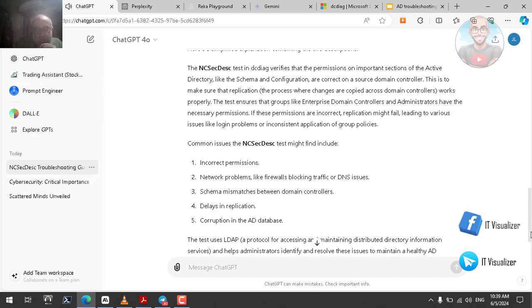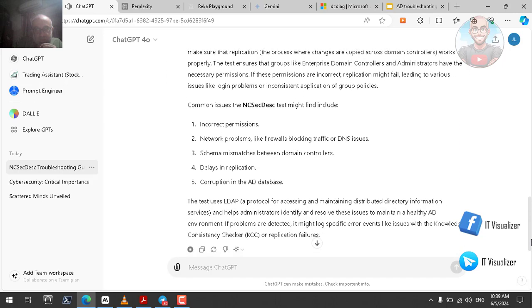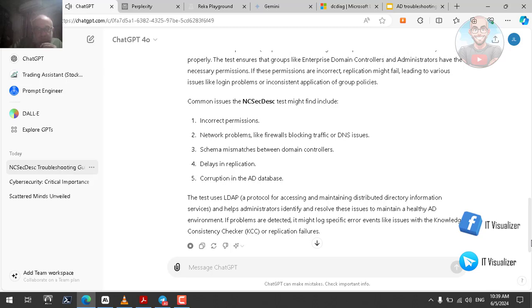Common issues the NC SecDesk test might find include: 1. Incorrect permissions. 2. Network problems like firewalls blocking traffic or DNS issues. 3. Schema mismatches between domain controllers. 4. Delays in replication. 5. Corruption in the AD database.